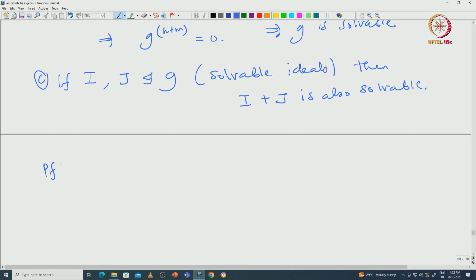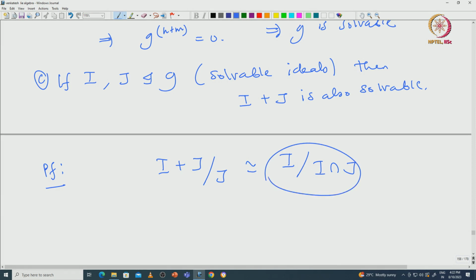So, how can one verify this? We can use one of the isomorphism theorems. That tells us that I plus J mod J is isomorphic to I mod I intersection J. Being a quotient of I, this I plus J mod J is solvable.